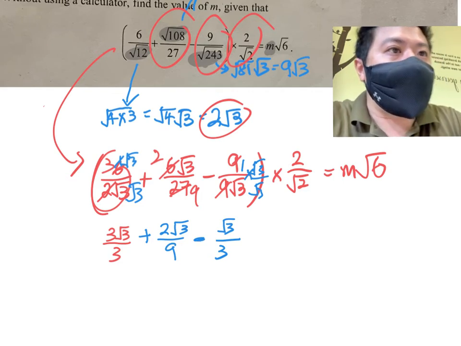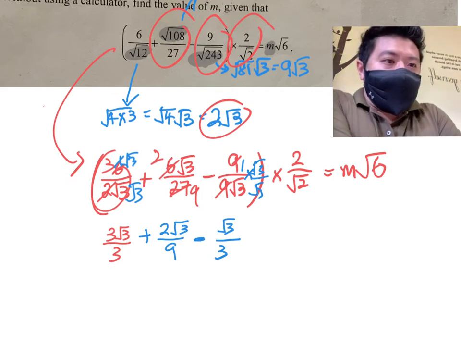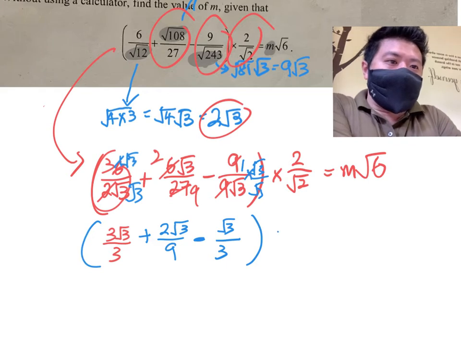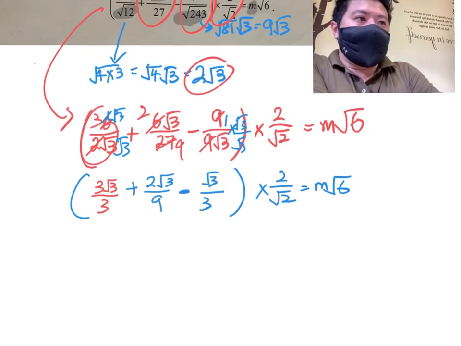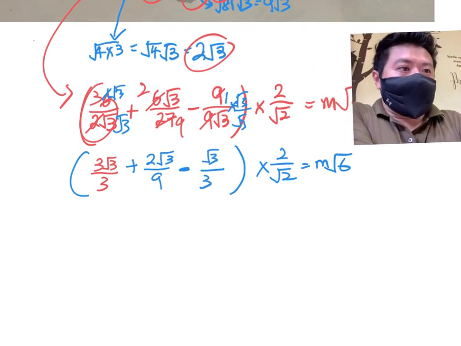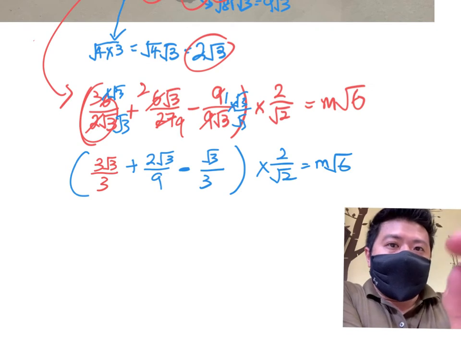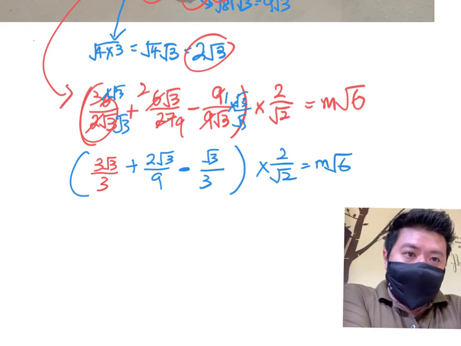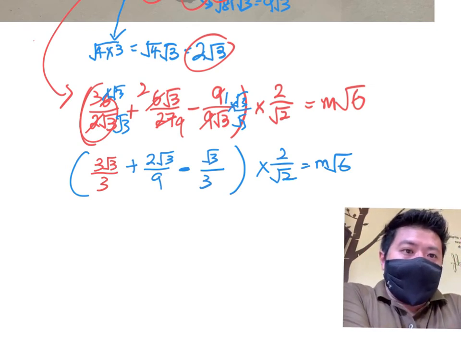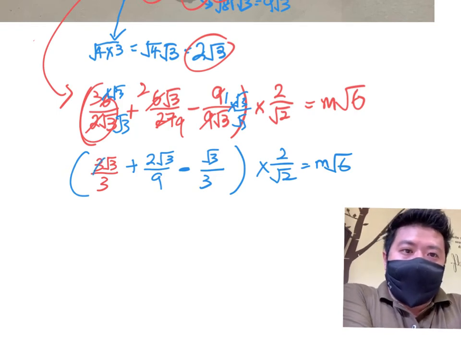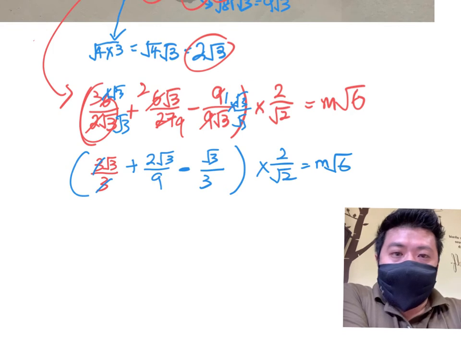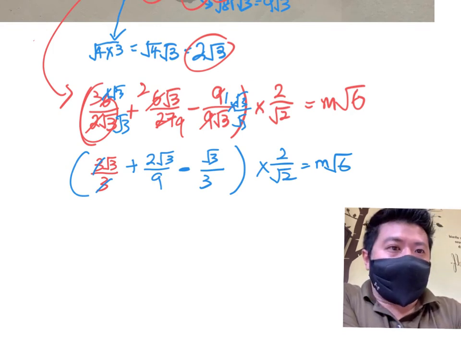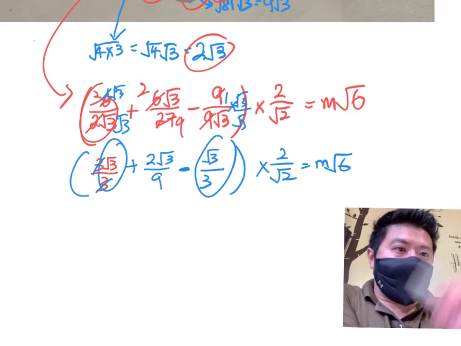Then with that, let me simplify this. This is multiplied by 2 over square root 2 on my left hand side. Let me shift it up. From here, the 3 and 3 can cancel off, and I have square root 3 plus square root 3 over 3, which gives 2 square root 3 over 3.